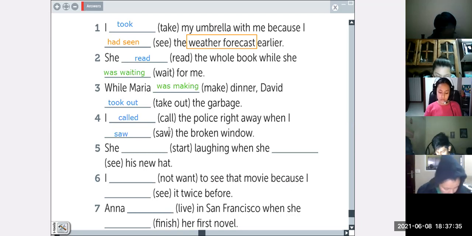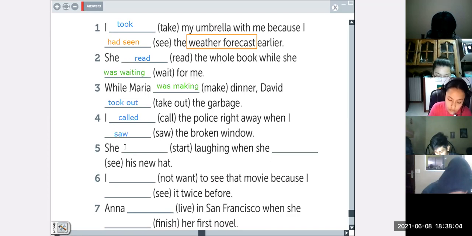Number 5. She laughing when she his new hat. What can we say here? ¿Qué podríamos decir? She started, right?